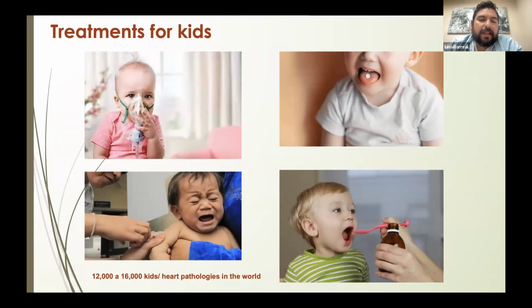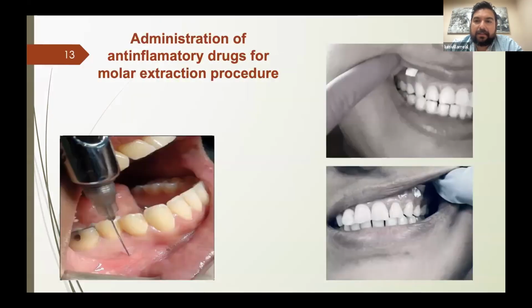So sometimes the nurse or the mother gives a wrong dosage. So this fiber proposal helps the administrator to give the correct dose to small kids. I will explain that in a second.